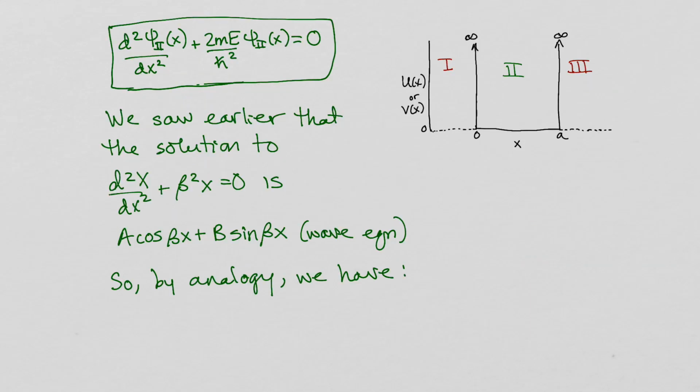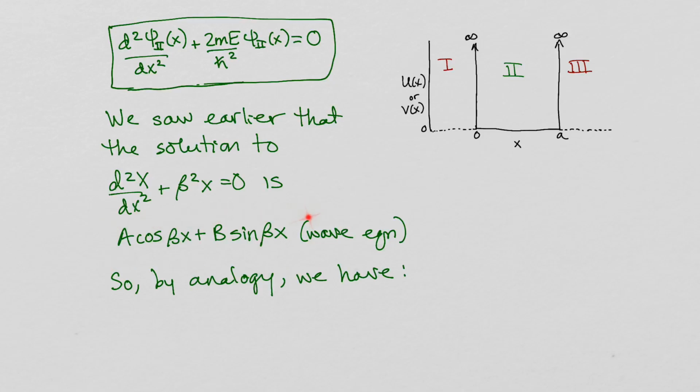So we're going to take our HLDECC equation that we just obtained from setting up our Schrodinger equation for region 2, and remind ourselves that we saw when we worked with the wave equation earlier that we already know the general solution to this form of equation. We've seen all of this before.